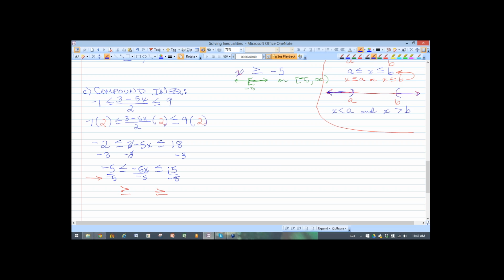Okay, and so positive 1 ≥ x, and well, that's a nicer answer anyway, huh? Okay, negative 3. Now look, if you forget to swap your signs, y'all, look at what's happening.